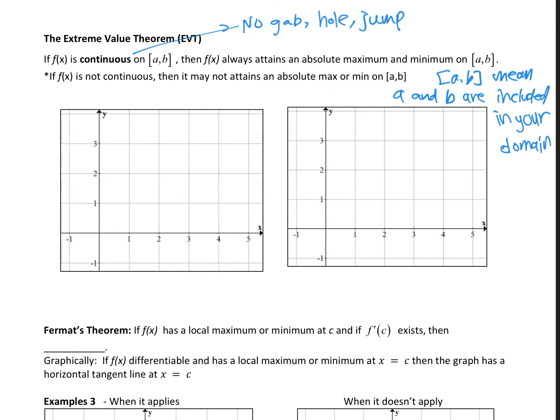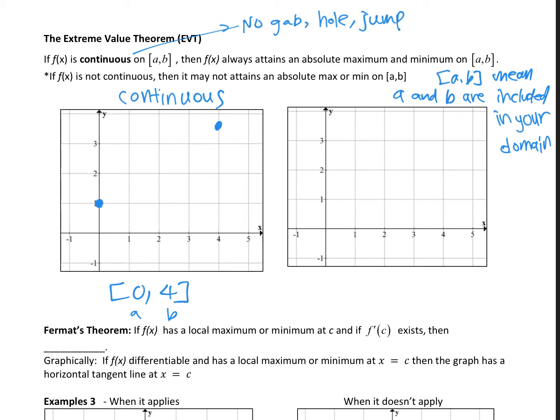So I'm going to draw 2 examples. Let's say [a, b] is 0 to 4. I just made it up, okay? That's my a, that's my b. The first example is I have a continuous function. Again, I'm going to just make it up. Let's say I'll start here, and I'm going to end up here.